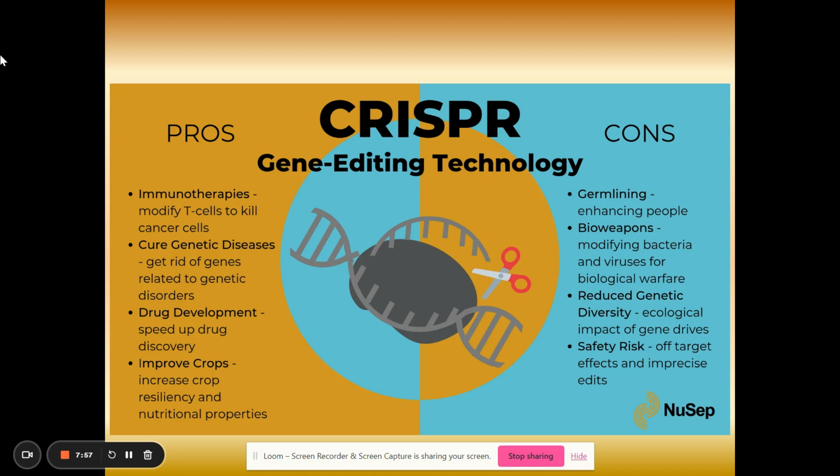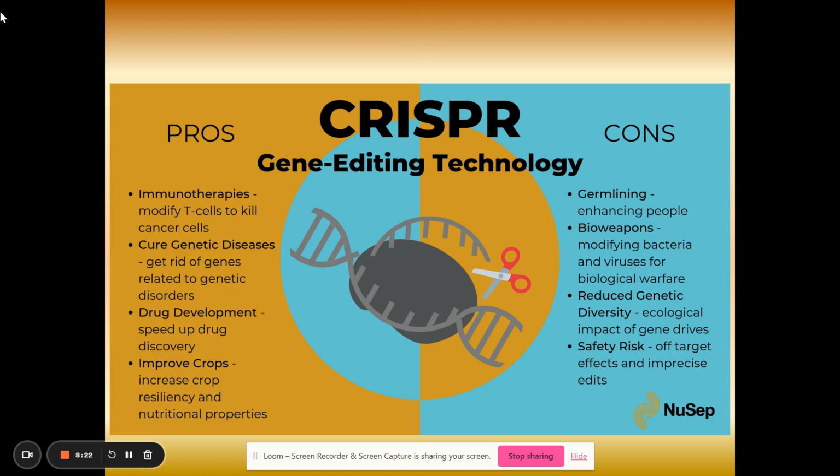So this is just something that I found that shows you a little bit of both. So the pros, modifying T cells to kill cancer cells. So what if we could make it so that our own immune system sees cancer cells as foreign and then attacks cancer cells the way they do the flu virus? That sounds pretty good.